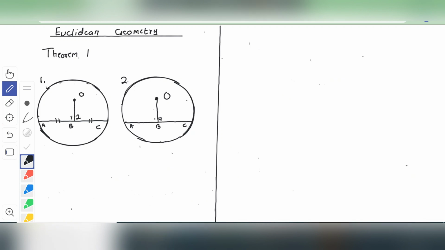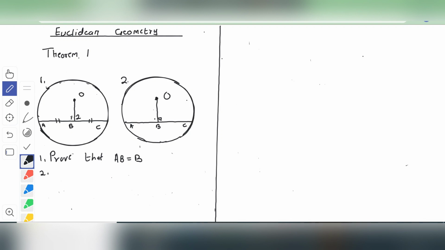Okay guys, from the proofs, remember from these two diagrams, you can be told to prove that AB is equal to BC, which is the first one.